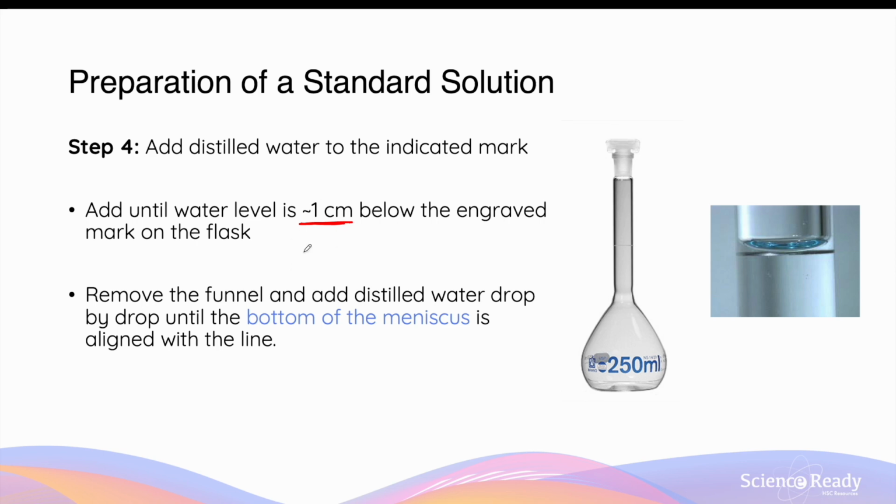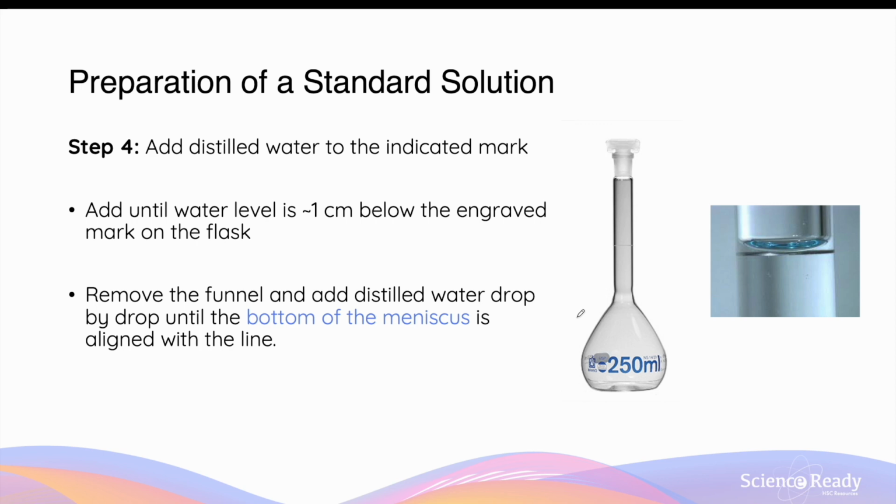After this point, remove the funnel and add distilled water dropwise until the bottom of the meniscus reaches the graduation mark. It is important to complete the process by adding the distilled water dropwise, as you want to avoid over adding beyond the graduation mark.